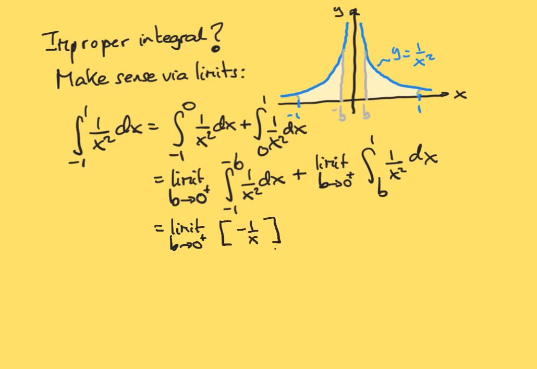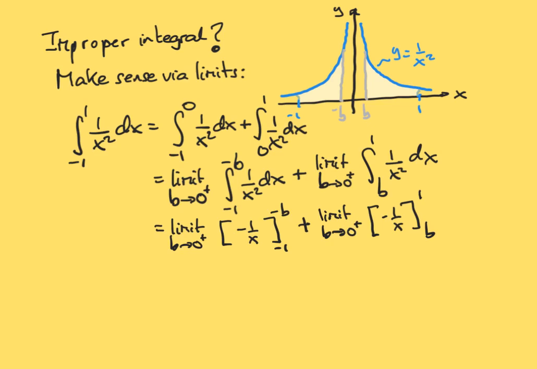And that is from -1 to minus b. And similarly here, it is plus the limit b goes to 0 from above. And the integral of 1 over x squared is -1 over x. And that is from b to 1. So we can now start to evaluate this.